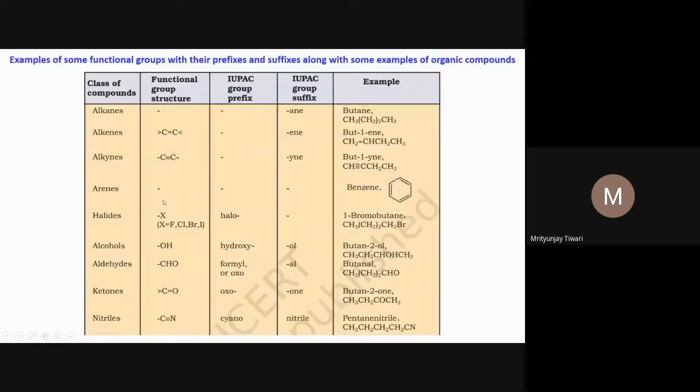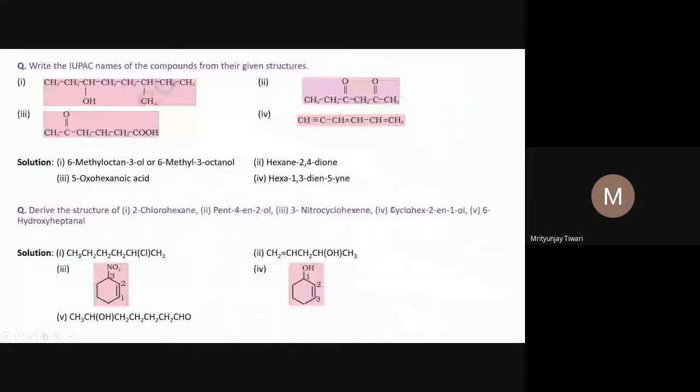This compound contains more than one double bond, so the ne will be removed, and only hexa we will use. So hexa, and at the 1 and 3 positions two ene groups are there, so we write diene, and the E of yne is removed because of the vowel that follows. So diene-5-yne is the IUPAC name of this compound.